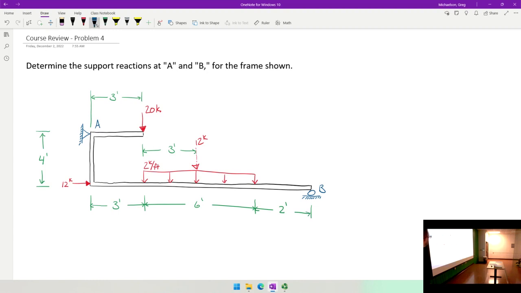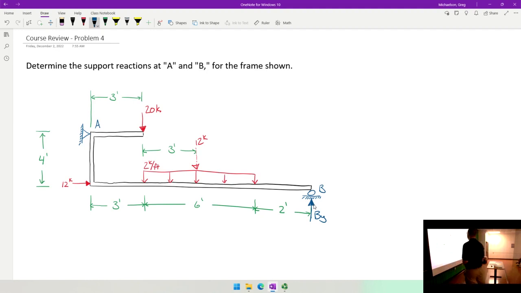Now what I'm going to do is identify my unknown reactions. How many unknown reactions do I have at B? 1. It is a vertical reaction, and so I am going to assume that that reaction is acting upwards. How many unknown reactions do I have at A? 2.